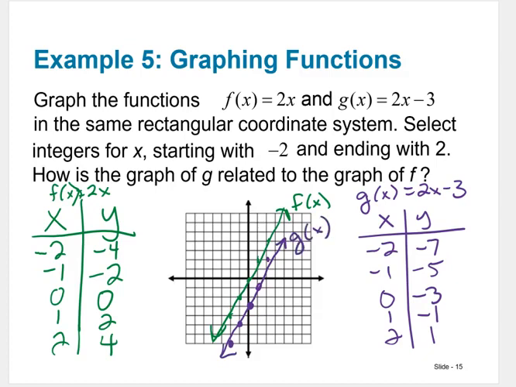If you look at the two lines, of course your graphs will look much prettier than mine. But notice the lines are parallel. How is the graph of g related to f(x)? They're both linear and they are parallel lines. So there's lots that you can figure out from those graphs. Just make sure when you're graphing that you're a little prettier than mine.